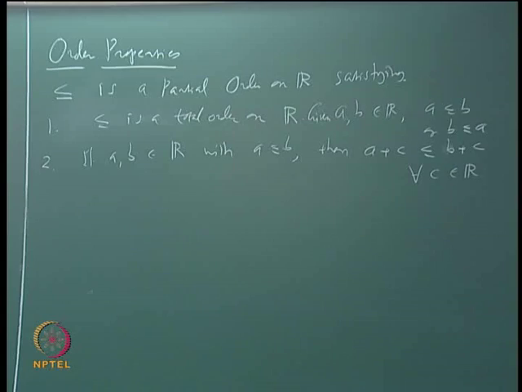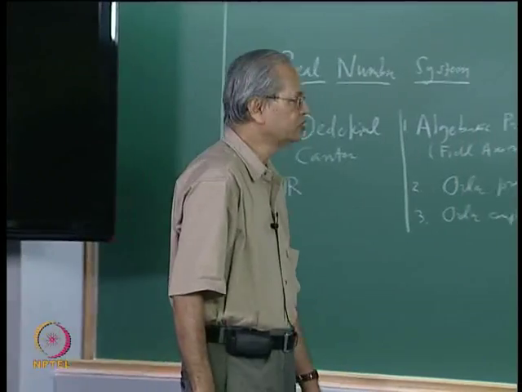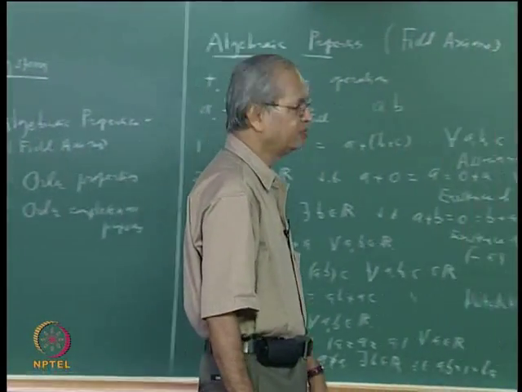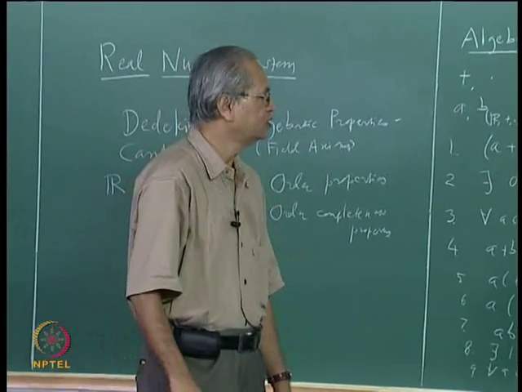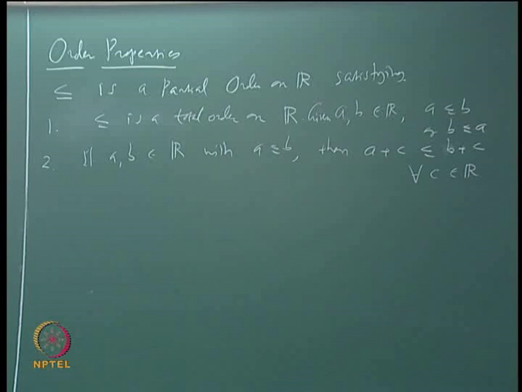If a is less than or equal to b and to both of those numbers you add some real number, the sum a plus c will also remain less than or equal to the sum b plus c.